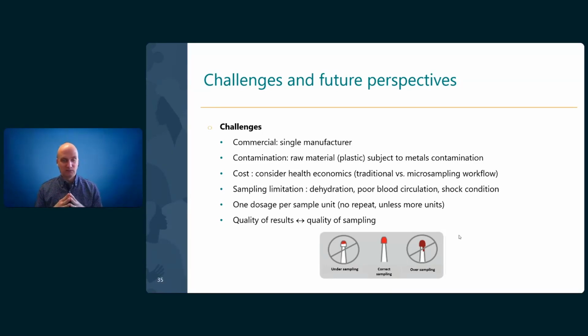We have to consider collection, storing, transport, handling, and waste management as well. So it's not easy to conclude that Mitra VAMS devices are just more expensive than regular collection tubes. A full exercise has to be done, considering the health economics related to the workflow.